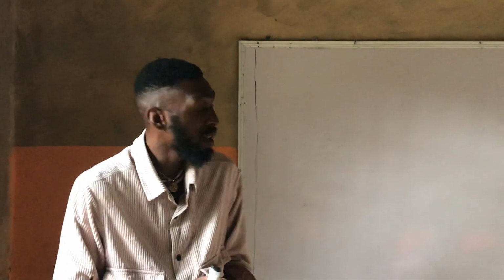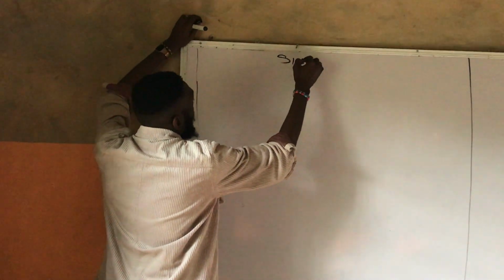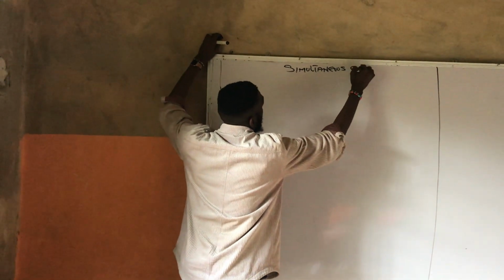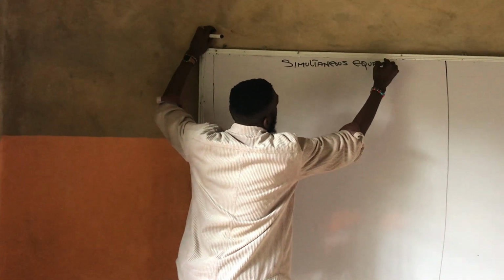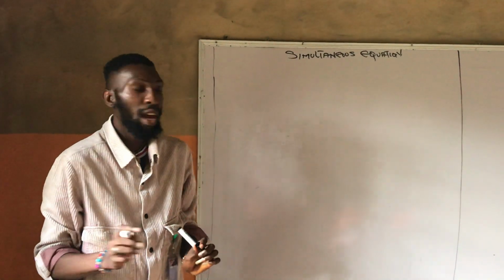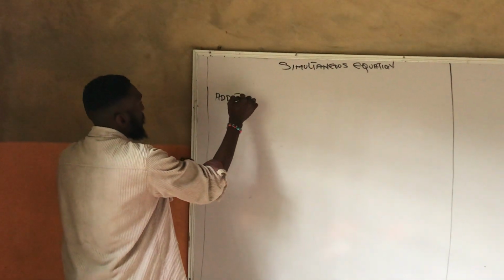Today we're going to be talking about a very important topic in mathematics and also in economics called simultaneous equation. Now, how do you solve for simultaneous equation? It's what they call the elimination method. And we have addition method in the elimination method.